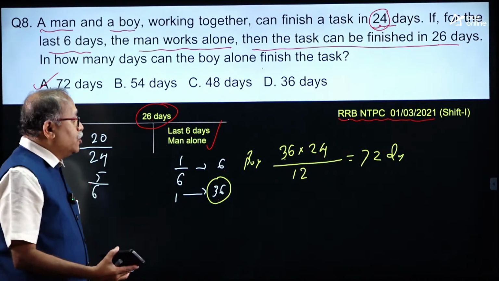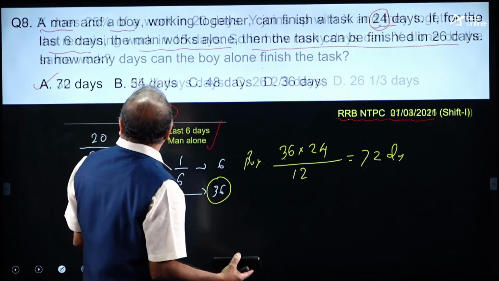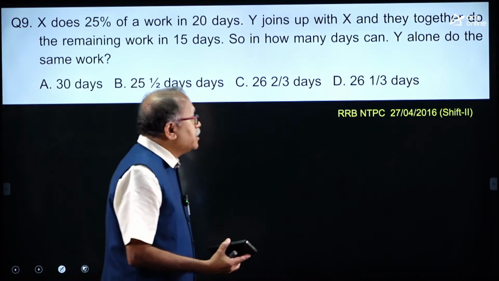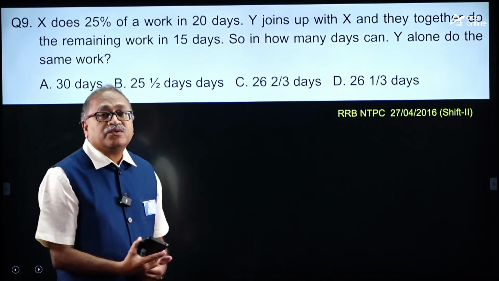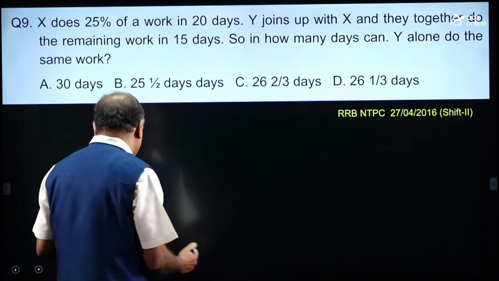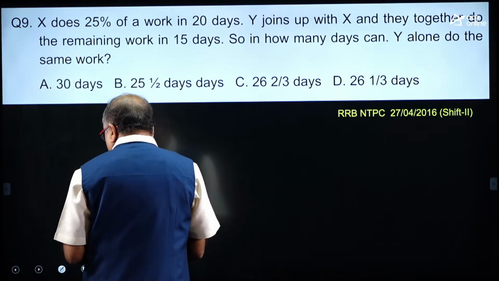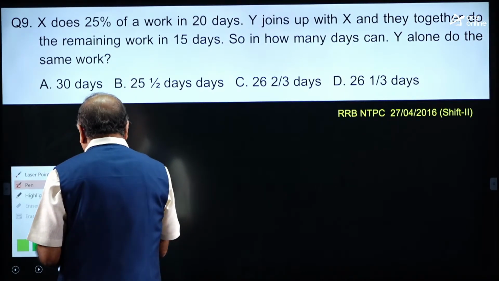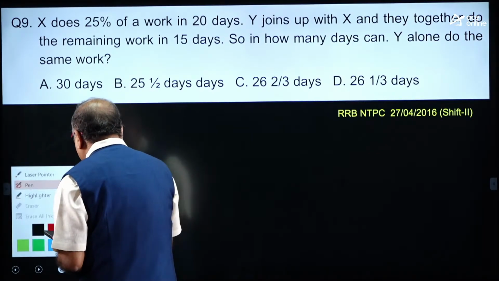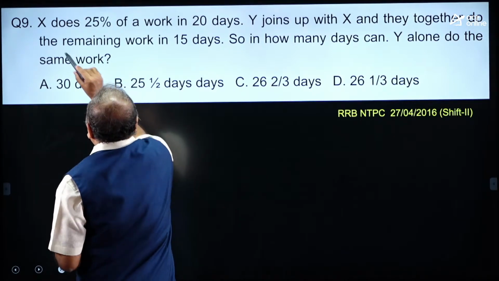Now, moving to the next question, question number 9. Today we are going to discuss 10 questions, and one more question will be there, my dear friends. Look at this one.